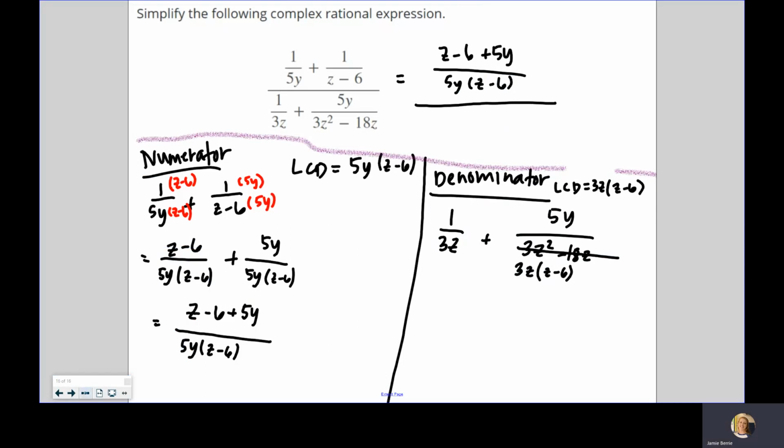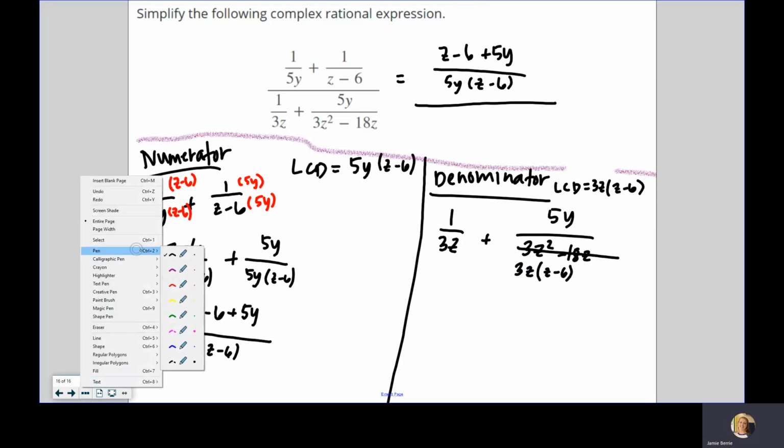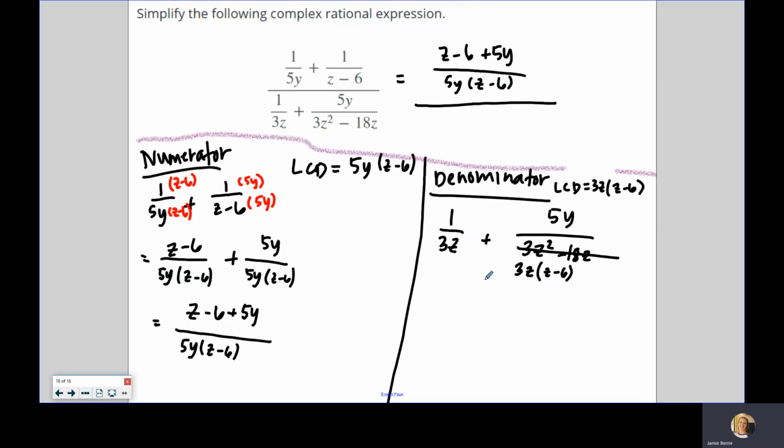Now, just like we did over here, we're going to multiply by what's missing. This one's missing the z minus 6 from the denominator. And this term isn't missing anything. It's got both terms from the LCD, so that one doesn't need to be multiplied by anything. So here, 1 times z minus 6 is just z minus 6. Denominator is 3z times z minus 6. Sorry, my handwriting's so sloppy.